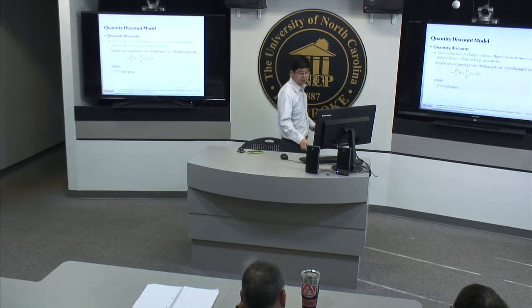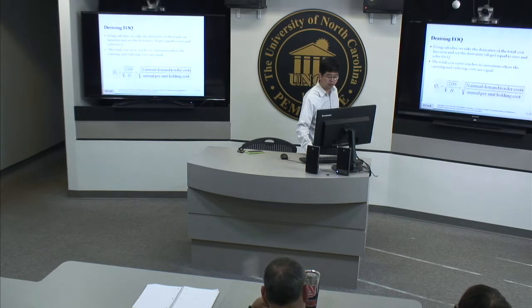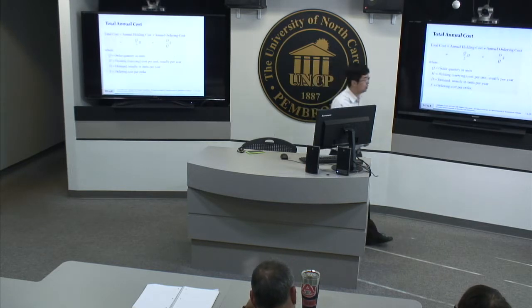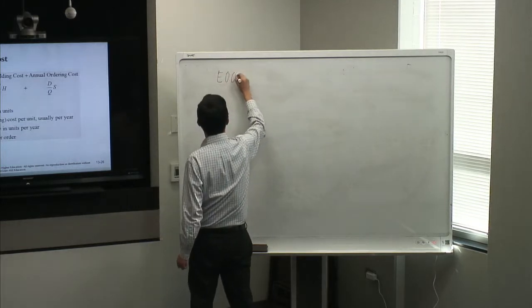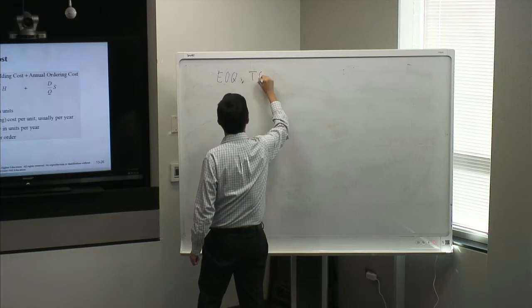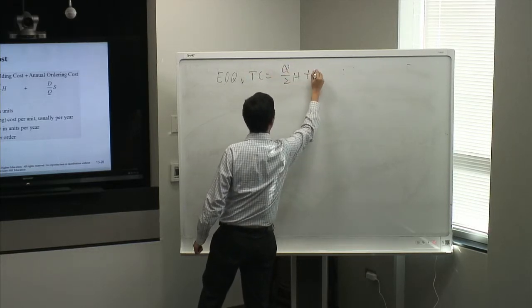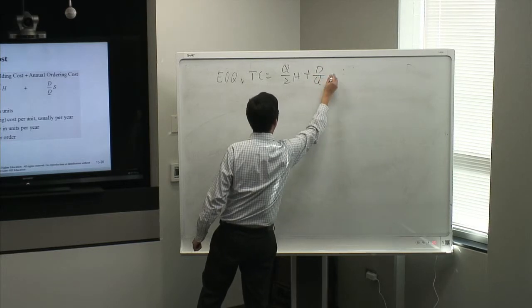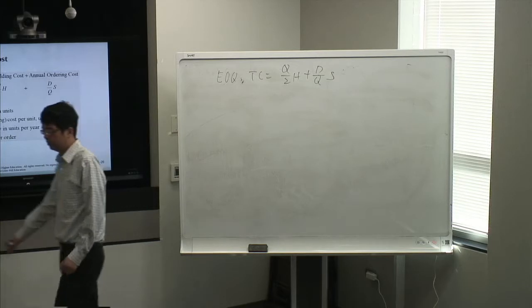Let's first have a quick view of the EOQ model's total cost function: total cost equals Q over 2 times H plus D over Q times S. So it's the holding cost plus the ordering cost.